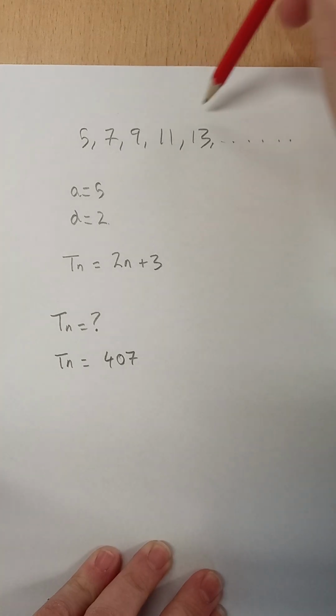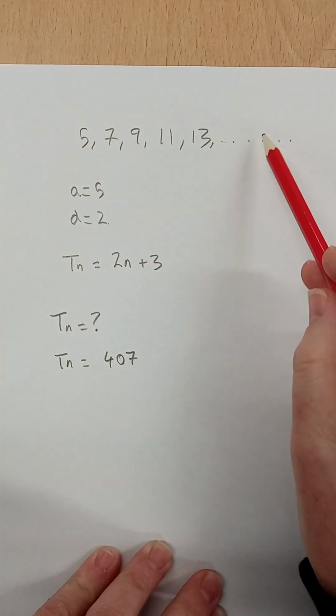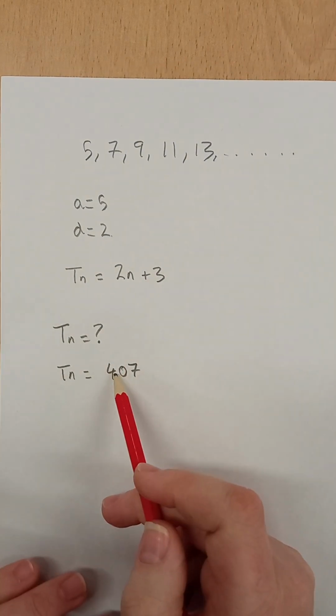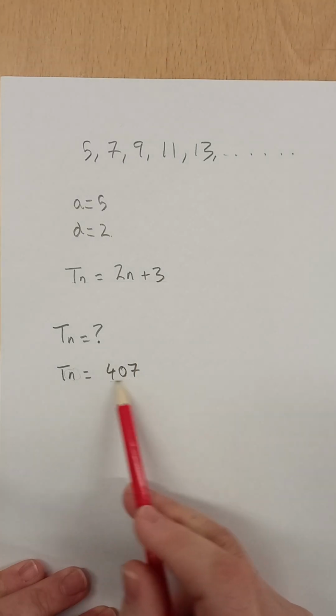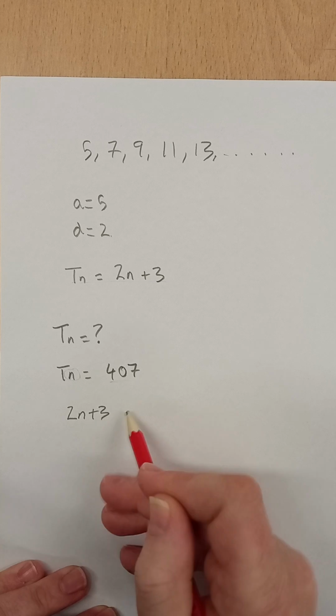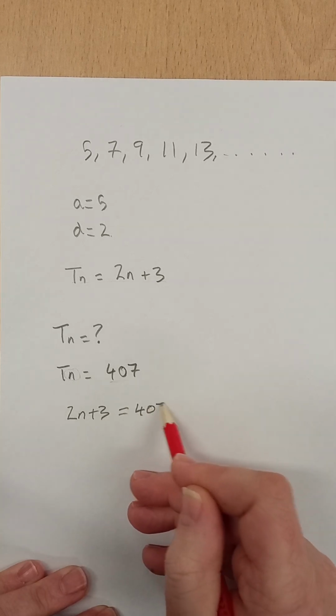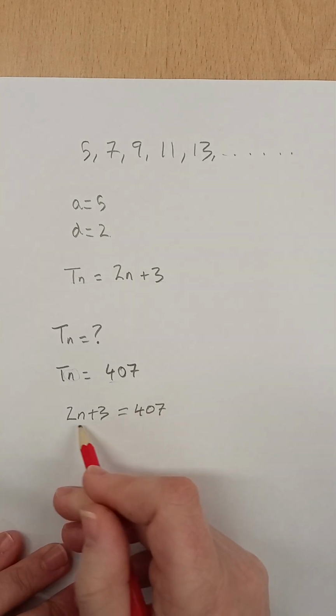How many terms have I had to do to get up to 407? Now I could do it on the calculator and work it out, or I could figure out that some number when I put it into this formula gave me 407. So just make my formula equal to 407 and then solve it for the missing one.